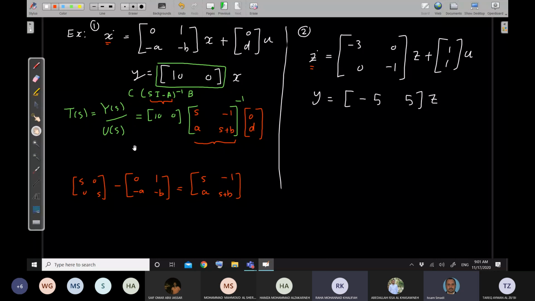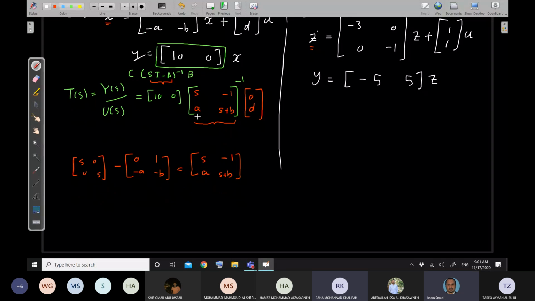We find the determinant first. So the determinant is? S squared plus SB plus A. Yes. Then I will exchange the diagonal and invert the sign of the off diagonal: minus 1 and minus A. Then I will multiply.